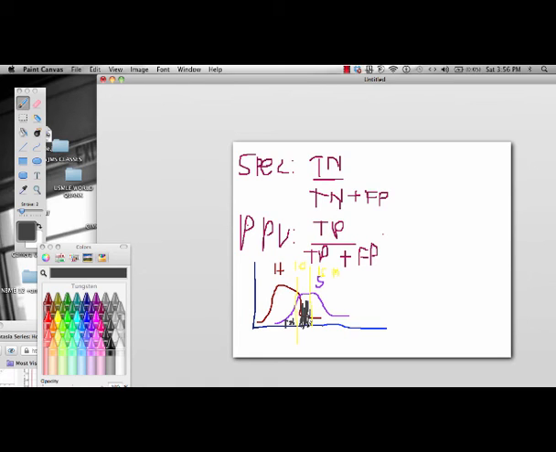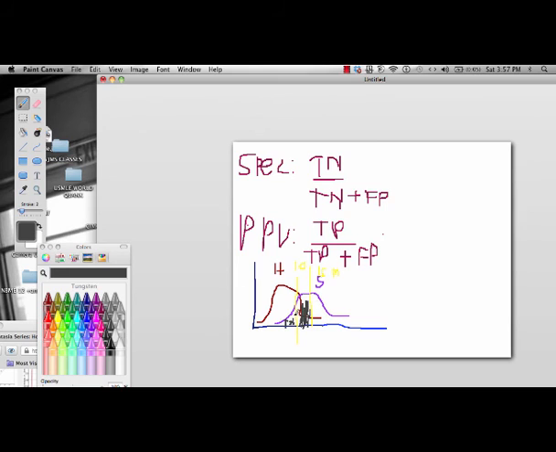So what's going to happen now with the specificity or the positive predictive value? Let's start logically first.